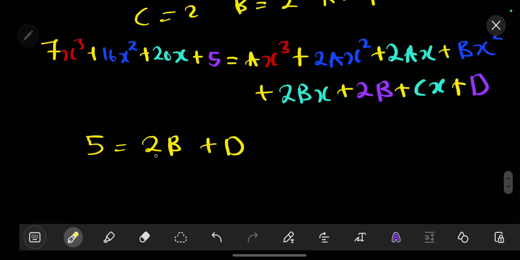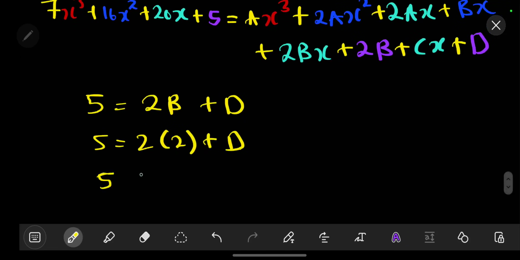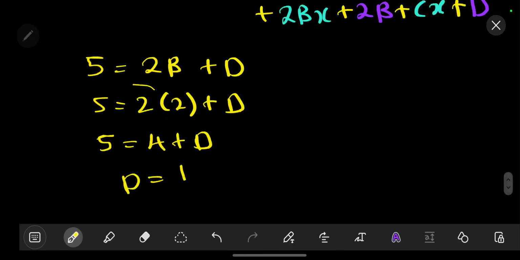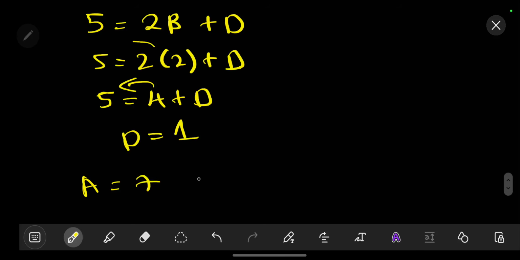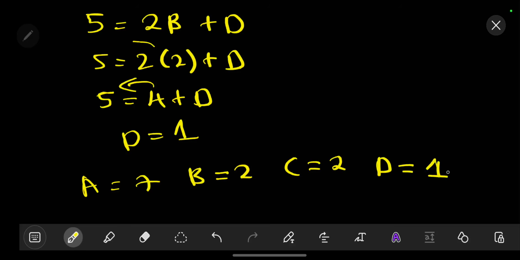Then we know that our b is equal to 2, then we have plus d. So we have our 5 should be equal to 4 plus d. So our d value should be equal to positive 1, if this comes here to be 5 minus 4, which is equal to positive 1. So our a is equal to 7, our b is equal to 2, our c is equal to 2, our d is equal to positive 1.